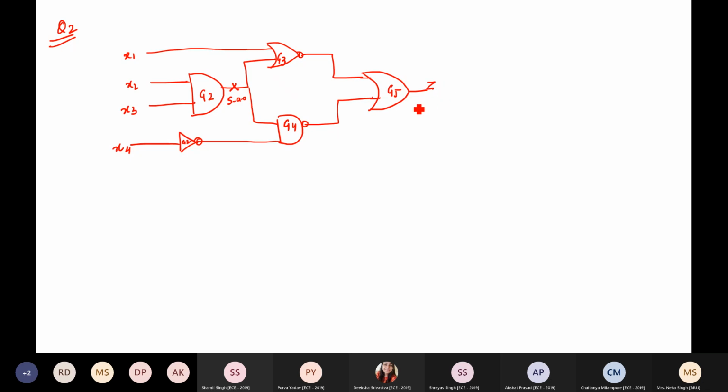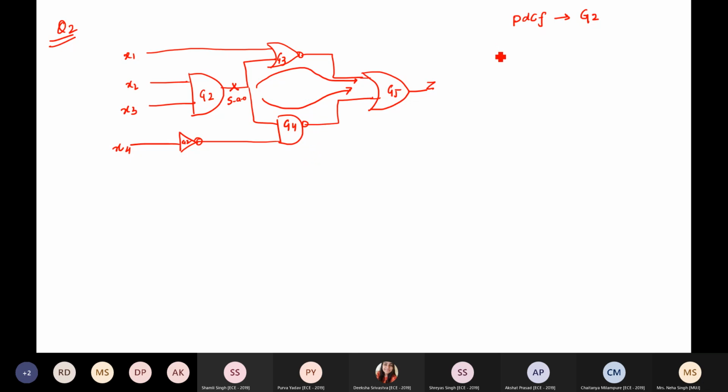Let's talk about the two parts for the D algorithm. When I start here, I will first find the PDCF, primitive D cube of the fault, for gate G2. Now this fault can propagate either through this path or through this path, right?